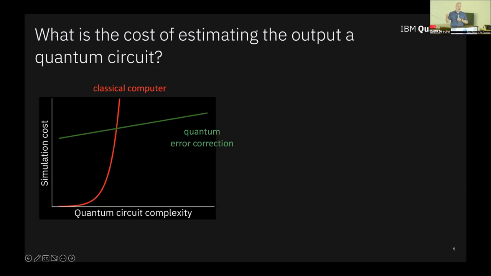The reason why we want quantum computers is for classical computers, this cost is exponential. It becomes a point beyond which we're just never going to be able to pay it. With quantum error correction, this cost is linear, which is wonderful. But before we can even begin to use it, we already have an enormously high simulation cost because we need to put together all those qubits, all of that classical compute, and have these very high fidelity quantum systems.